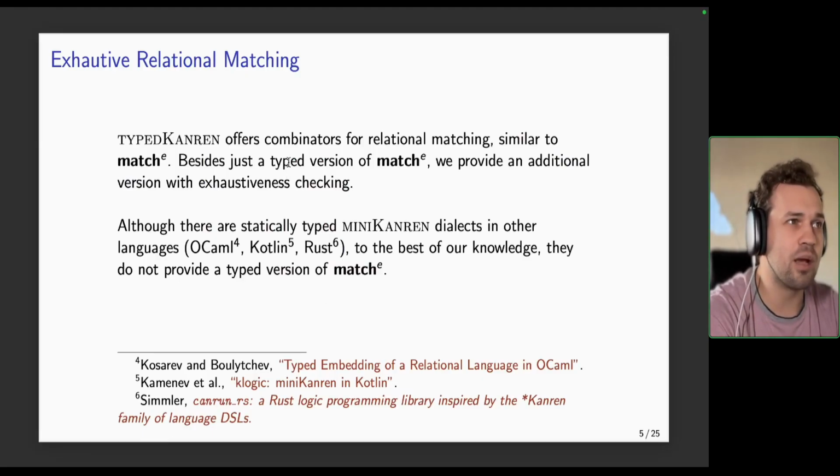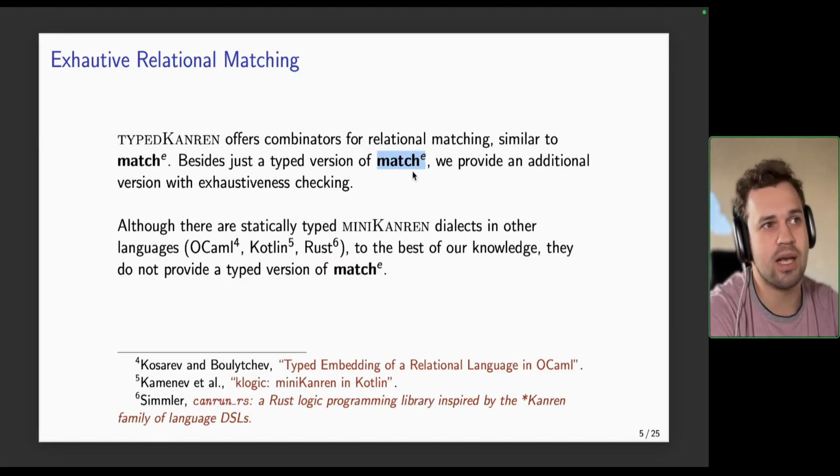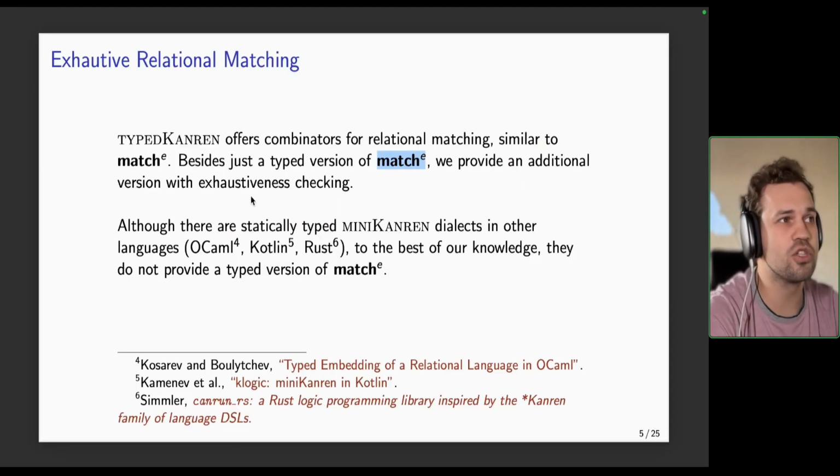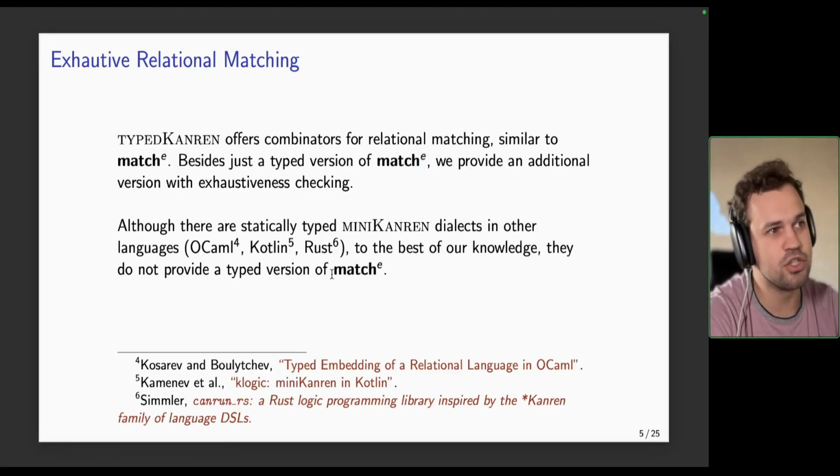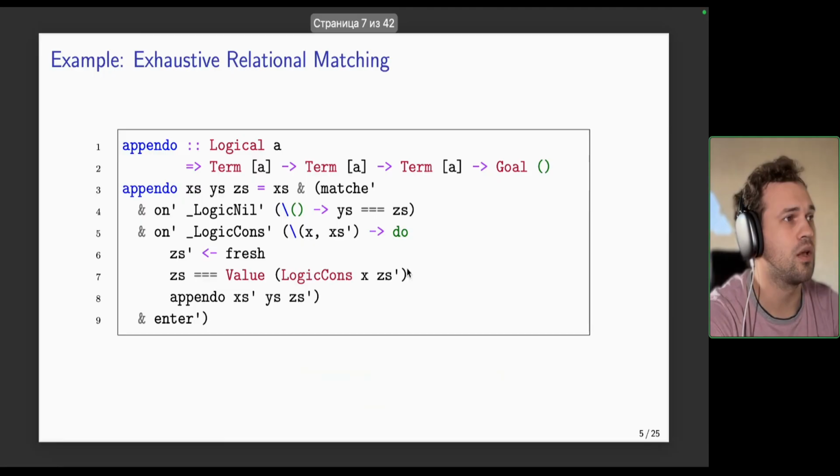But beside the typed version of match E that already has been described before, we provide an additional version that also supports exhaustiveness checking, making sure that we have covered all the constructors that are present in the user-defined type. Now, to the best of our knowledge, none of the existing typed implementations of miniKanren have even support of the match E, never mind the exhaustive version.